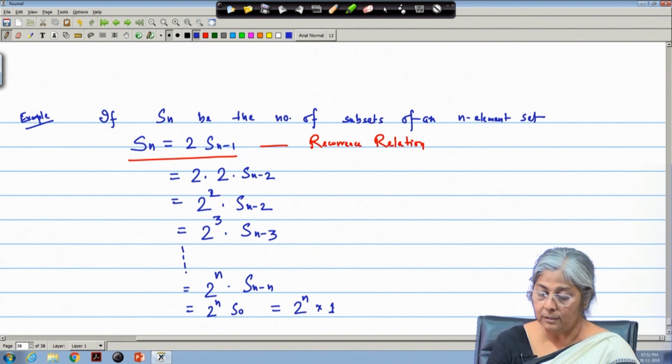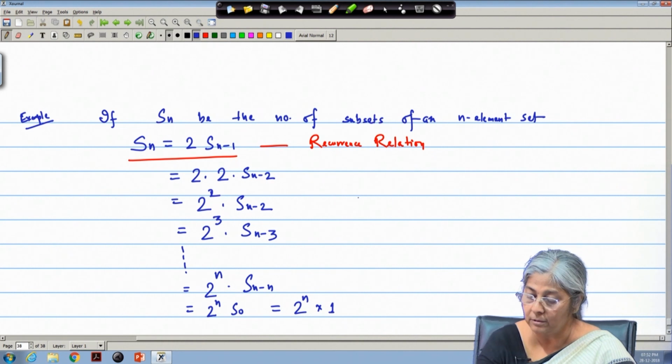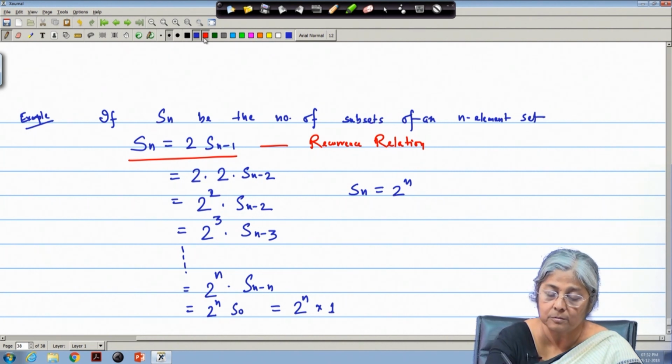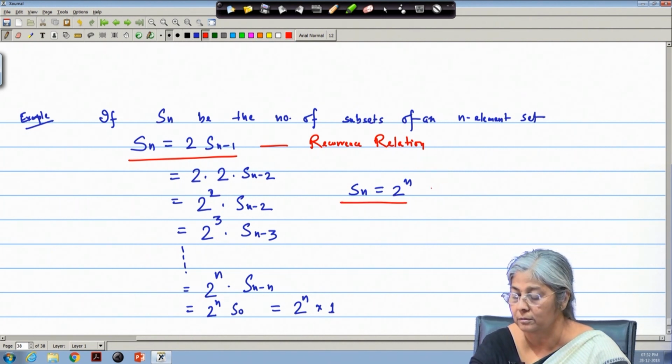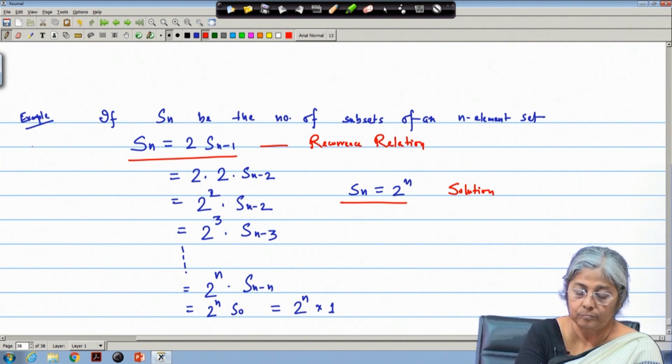So, the solution is S_n equal to 2 to the power n. So, this is my solution, and we applied the method of iteration.